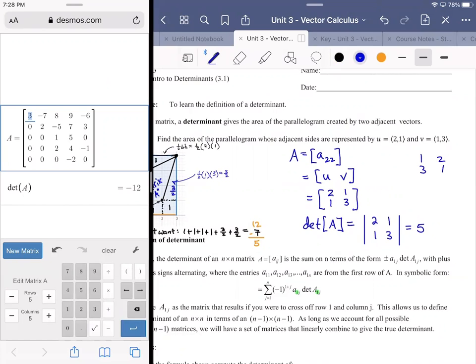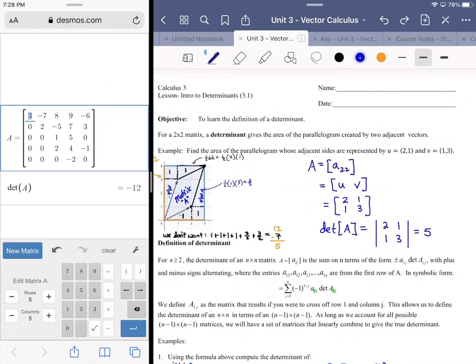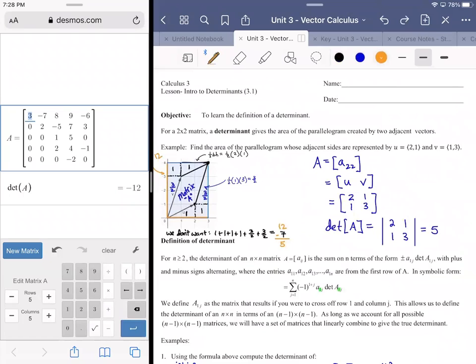Yeah, it'll work. I'll just show you real quick. So here we went in a counterclockwise fashion to get from U to V. All right. Starting with vector U, which was 2, 1, going to vector V, which is 1, 3.